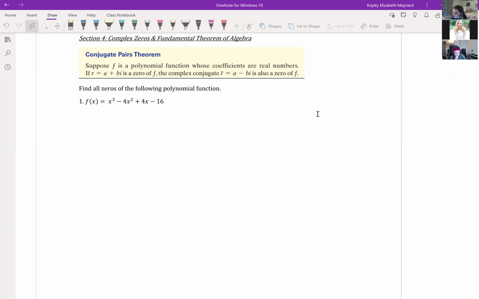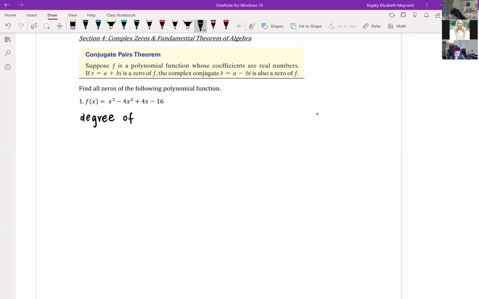So I'll write that down. We know that the degree of f of x is equal to the number of zeros. And these are complex, real, it's all the zeros. So if you know the degree, you know how many zeros you need to find.